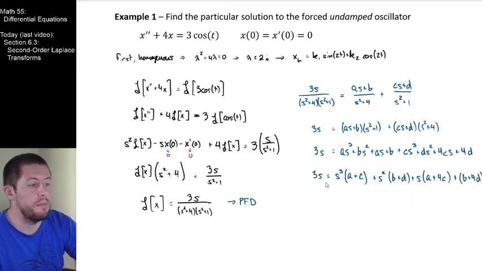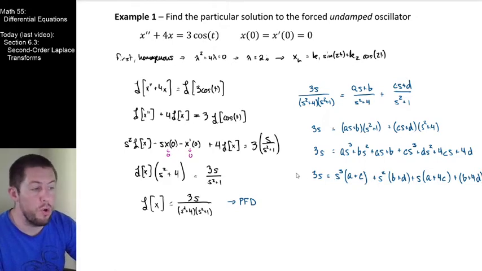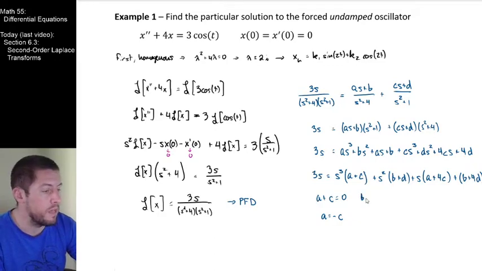All right. So it seems to me from this equation that there's no cubic stuff on the left, so a plus c equals 0. So I know that a is equal to negative c. It seems like there's no squared stuff on the left. There's no s squared over here. So b plus d is also equal to 0. So b is going to be equal to negative d.